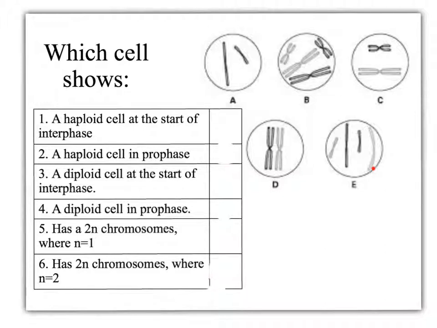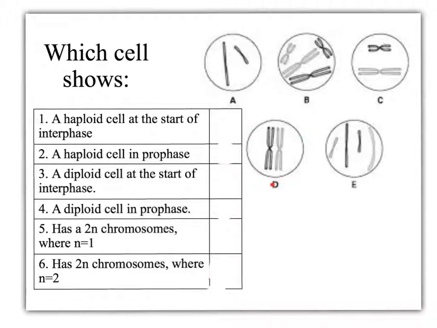Remember, the homologous pairs are the same size. However, these chromosomes have not replicated, therefore this must be at the start of interphase. We can see that B also has 4 chromosomes in 2 pairs, so it's a diploid cell, but here the chromosomes have replicated. So this must be at the end of interphase or when it's going into cell division.